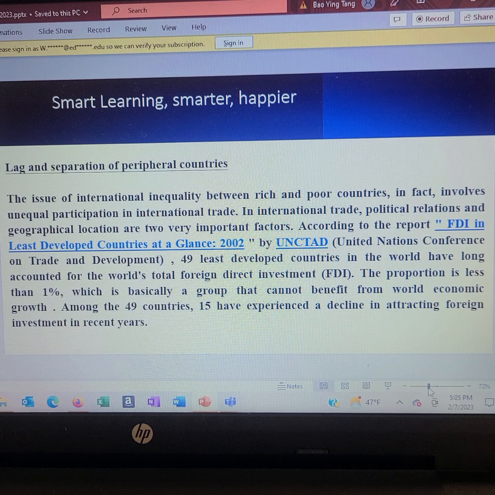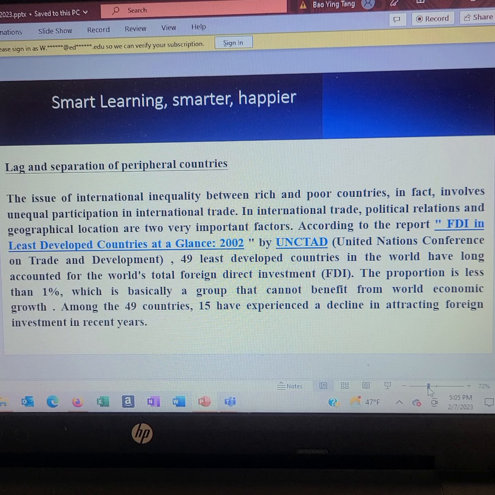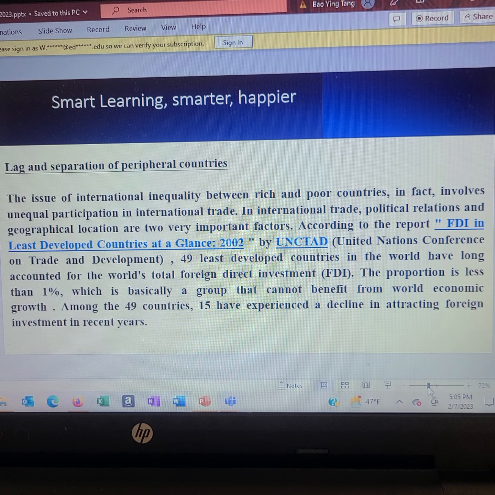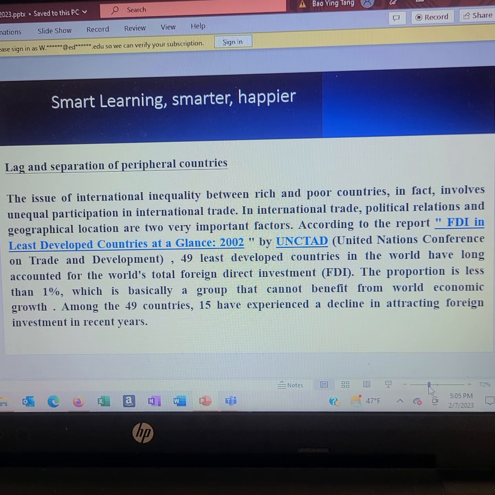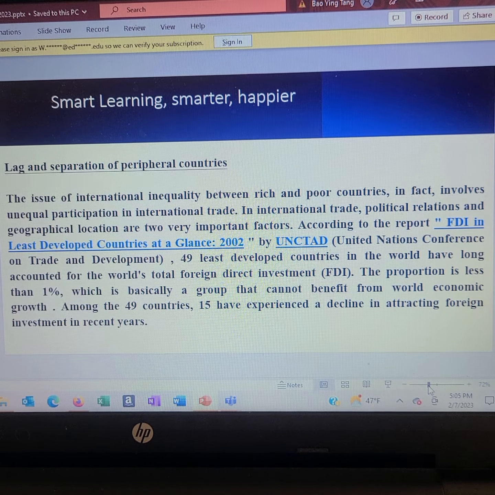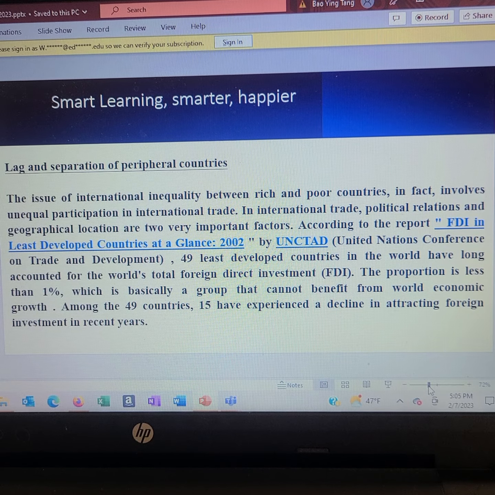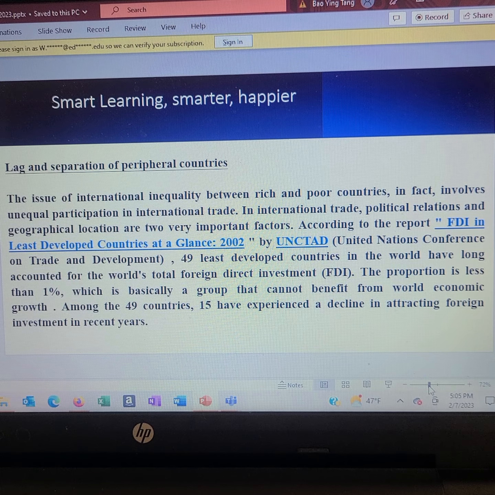According to the report FDI in Least Developed Countries at a Glance, in the year 2002, by the United Nations Conference on Trade and Development, 49 least developed countries in the world have long accounted for less than 1% of the world's total foreign direct investment, which is basically a group that cannot benefit from world economic growth. Among the 49 countries, 15 have experienced a decline in attracting foreign investment in recent years.